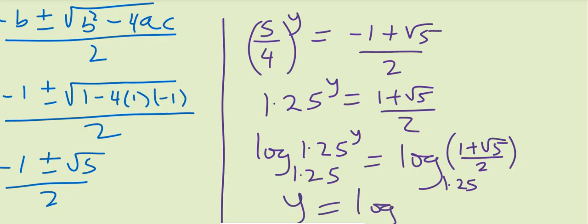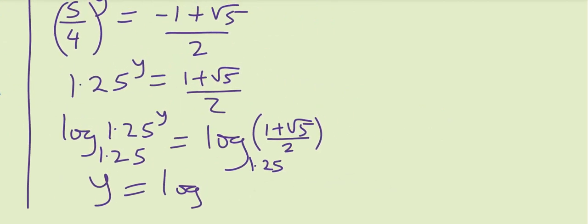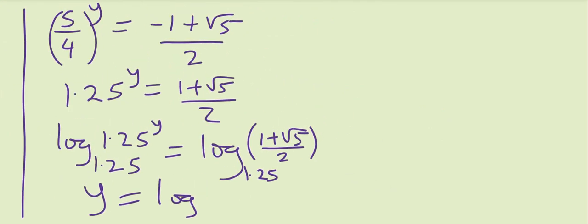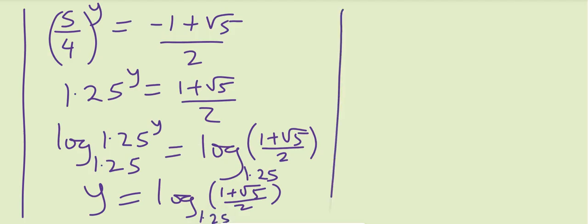I have log of minus 1 plus root 5, everything over 2, to base 1.25. This is y. Now don't forget x. From the question, I made x the subject in two places. One, I said x is 25 to the power of y. This is easier to make use of.